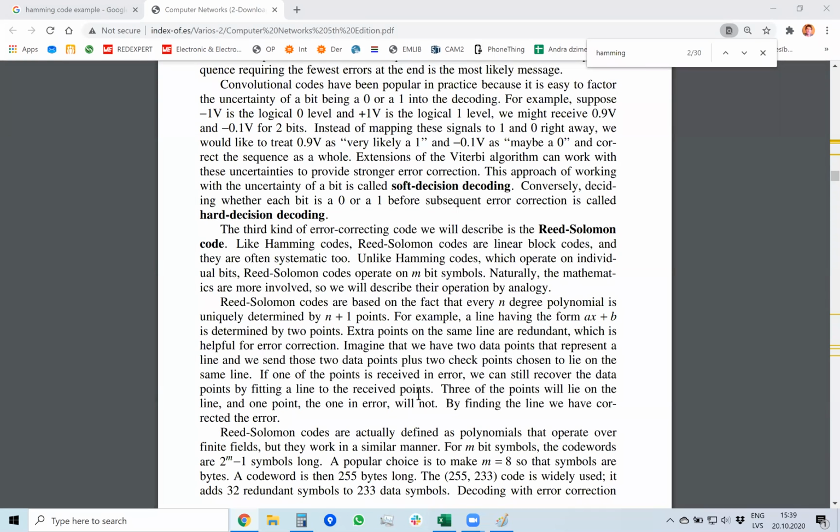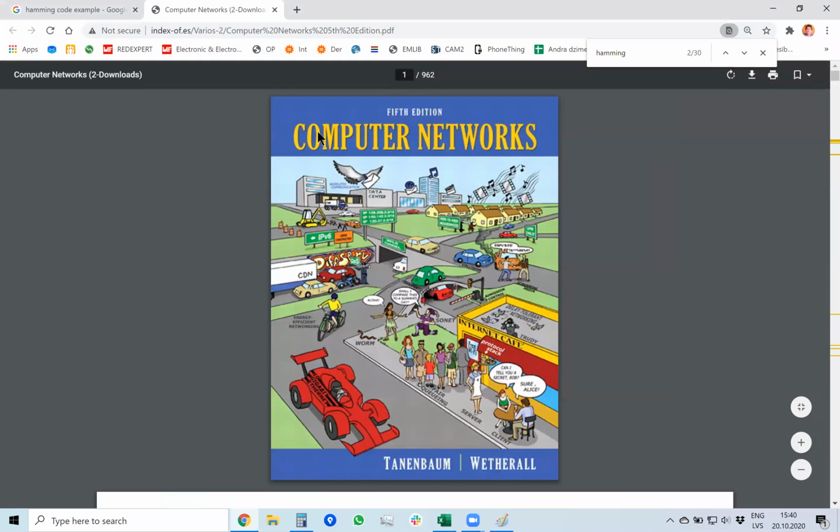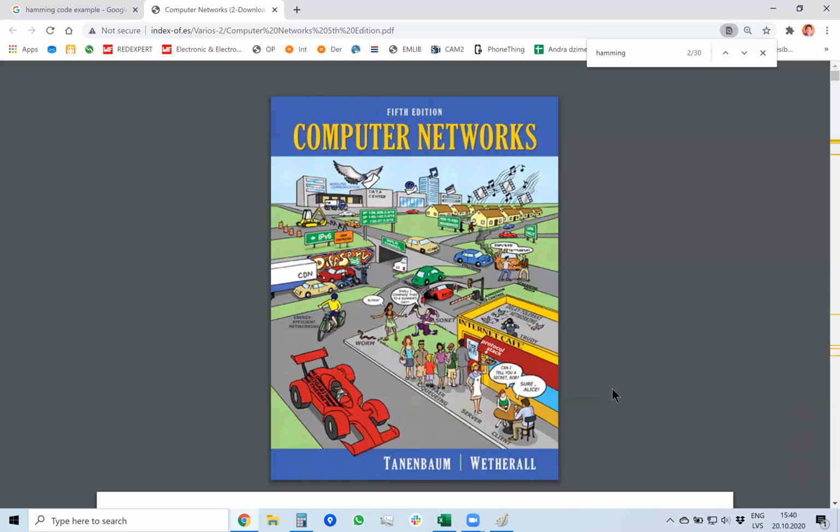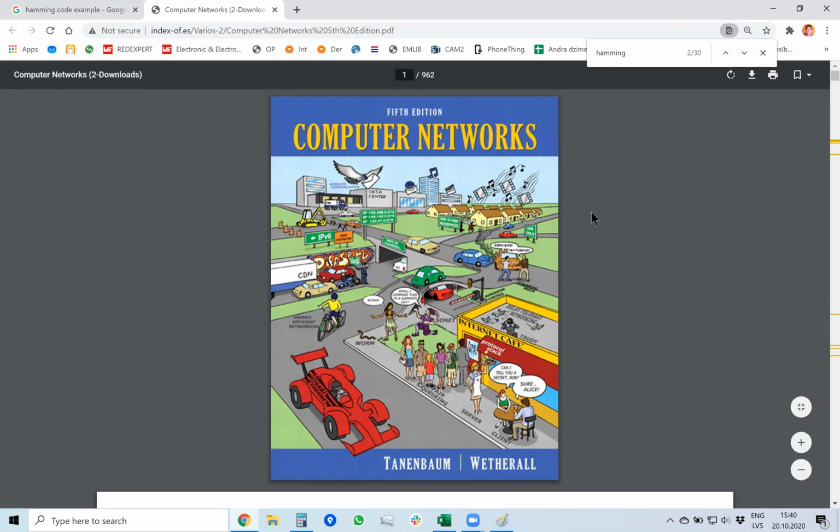So this book is the best book in the world to study about computer networks. Professor Tannenbaum from the Netherlands actually participated in the development of the internet and of computer networks, wireless and wired.